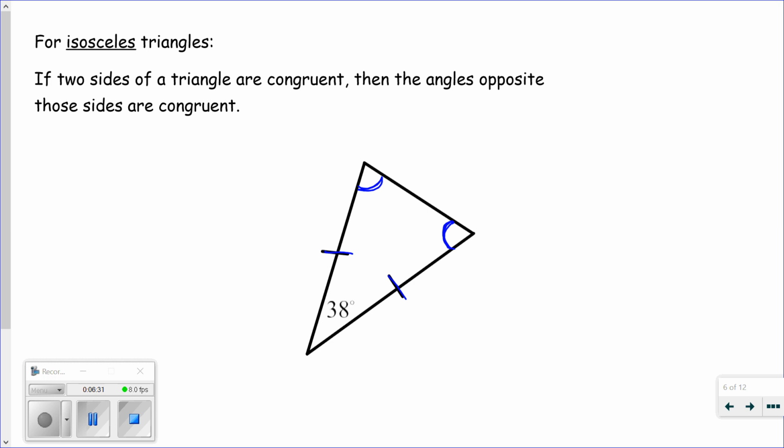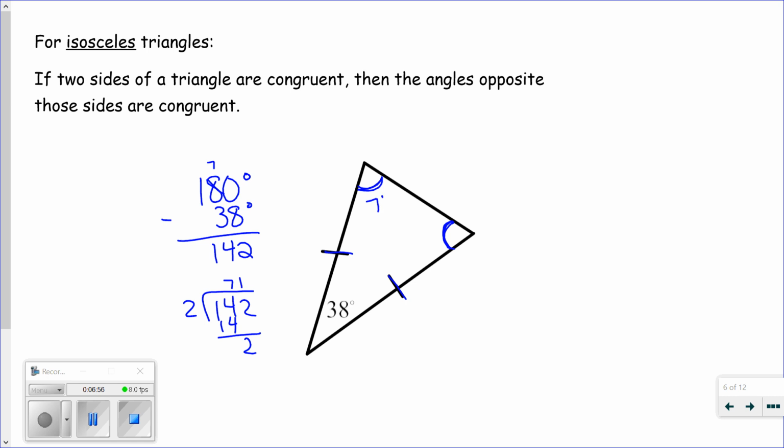So if I know that that last angle is 38, it's a little review from the other day, and I subtract, I have 142 degrees remaining. Well, 142 degrees split between those two angles is going to give me 71 degrees apiece. So remember that, please, for isosceles triangles.